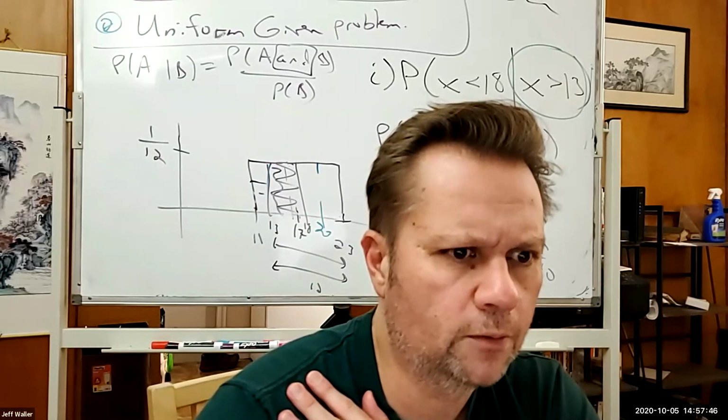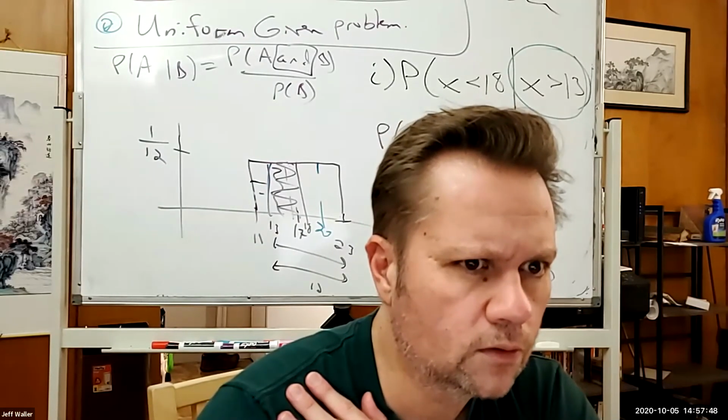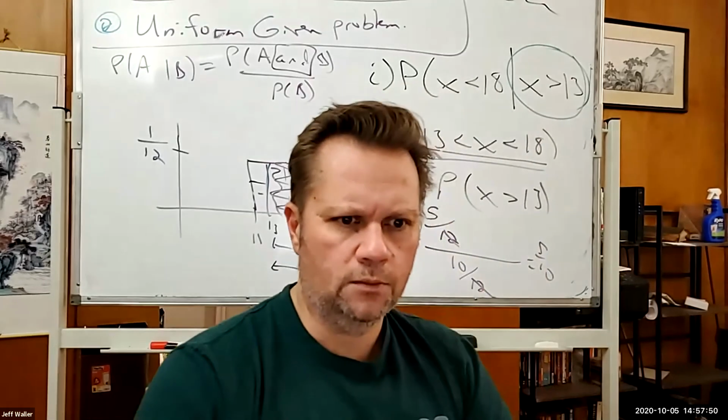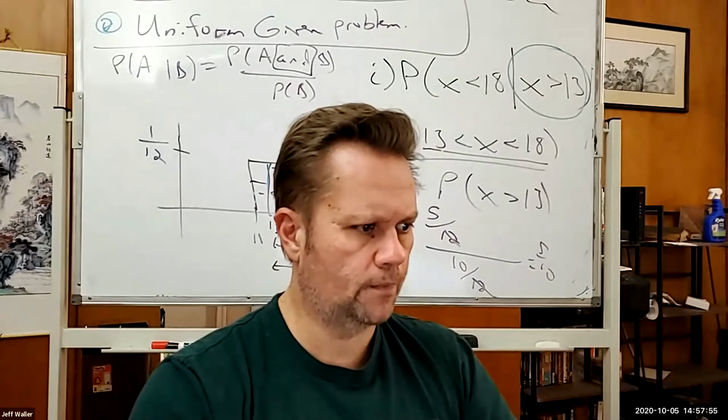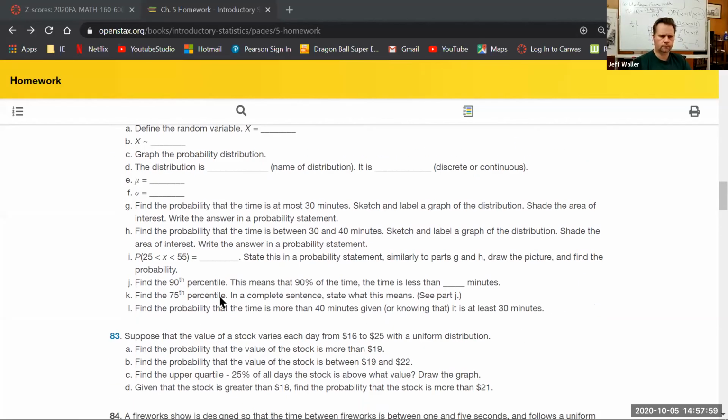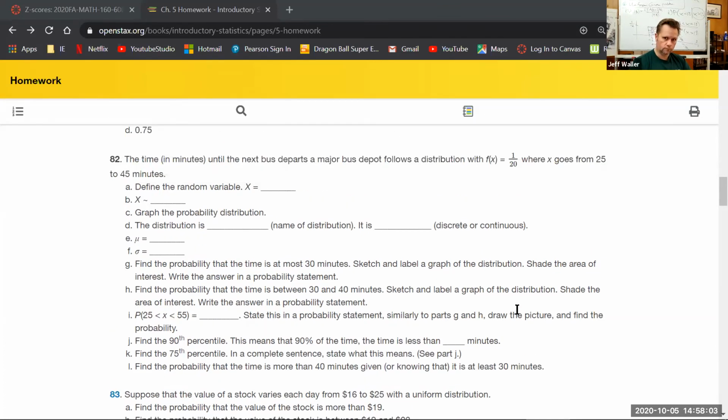So number 82, homework 5.2, part I. So what's troubling you on this one? I think I put it wrong. Instead of putting 25 and then 55, I put 25 and 40.